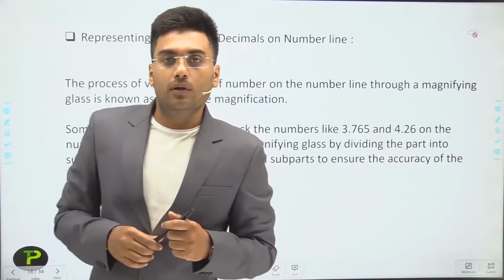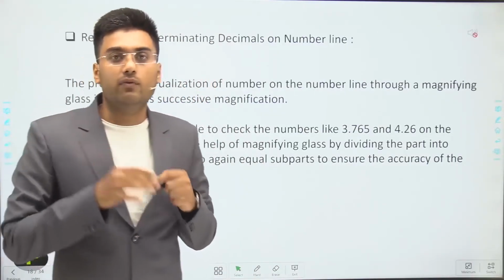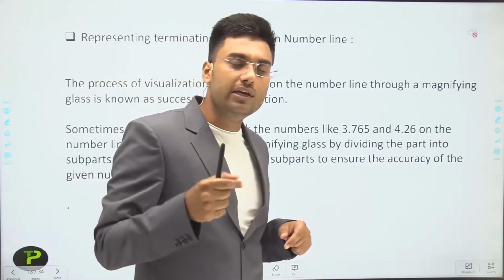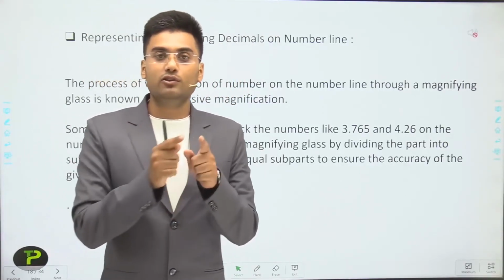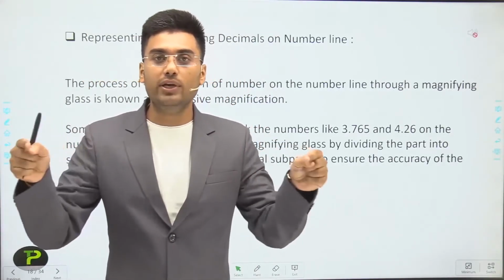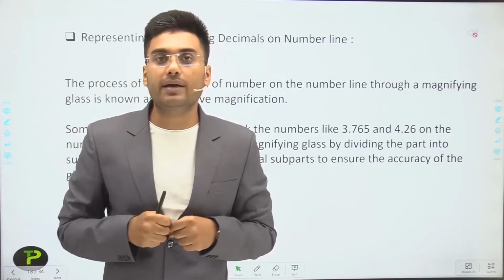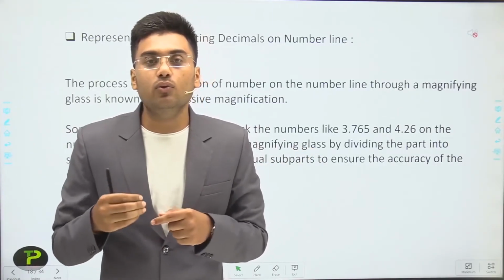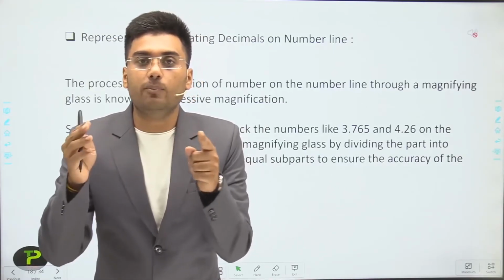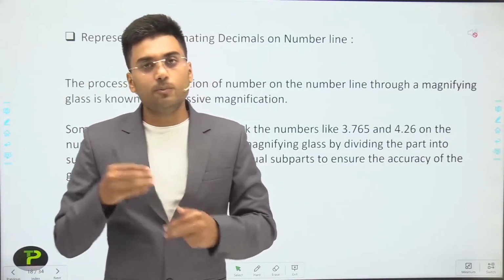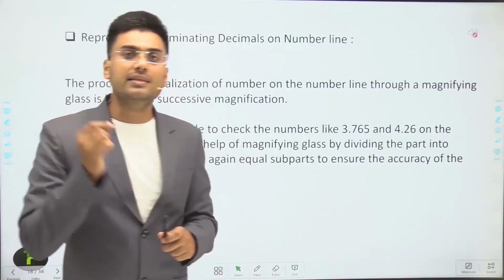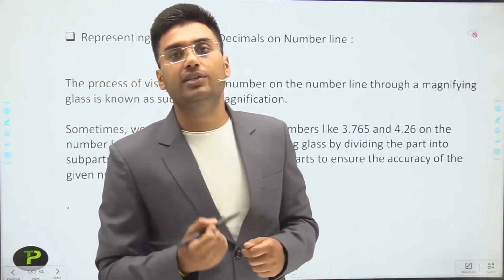And if we want to represent 1.25, then first of all we divide 1 and 2 into 10 equal parts. Then 1.2 and 1.3 are further divided into 10 equal subparts. This process is known as the successive magnification method.